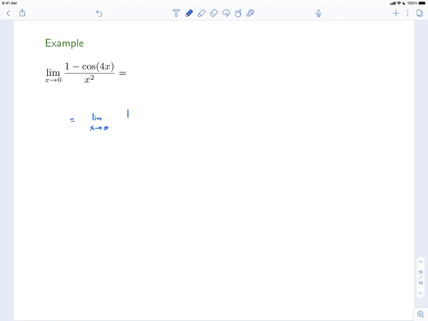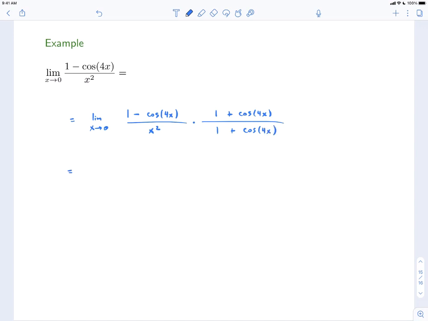So we have 1 minus cosine of 4x over x squared, and we're going to multiply and divide by something that will give us the difference of squares. So it's going to be 1 plus cosine of 4x. But if you put it in the numerator, you have to put it in the denominator as well.